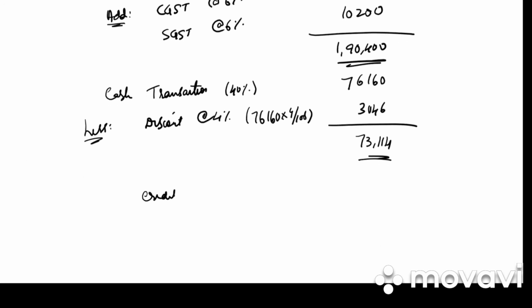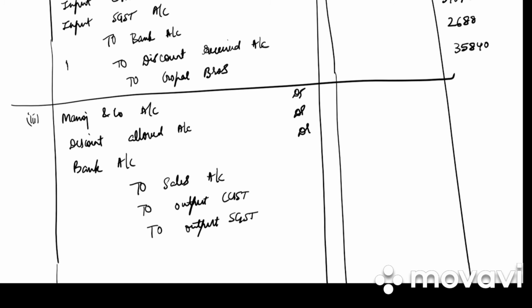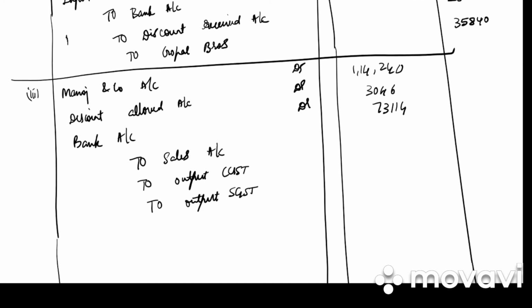And what will be a credit transaction? It is 60%. 60% of 1,90,400 into 60 by 100. So we'll get 1,14,240. For Manoj and Co. it will be 1,14,240. Discount allowed is 3,046 and bank is 73,114.